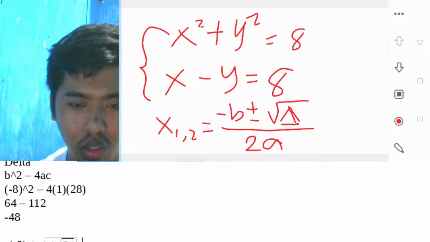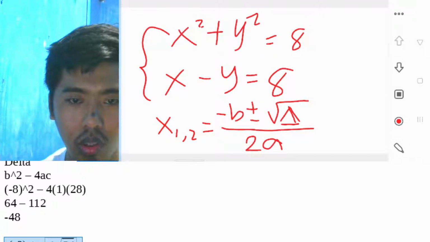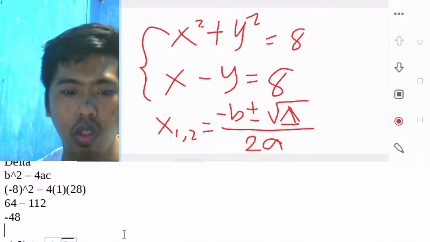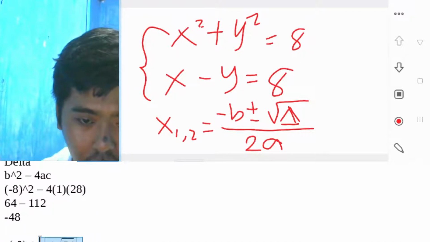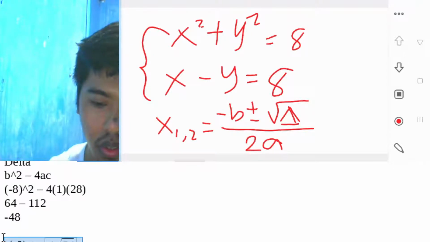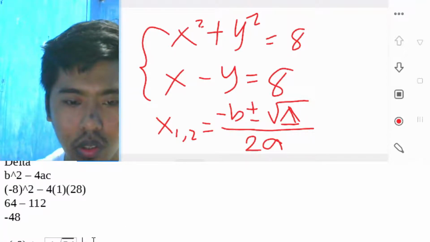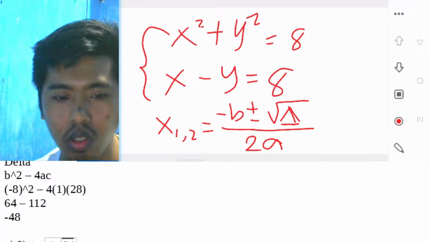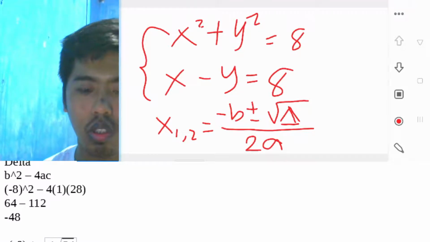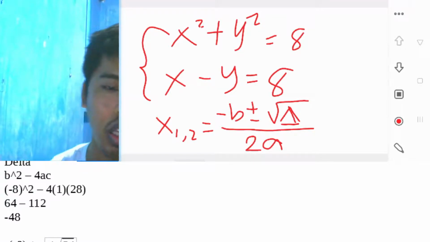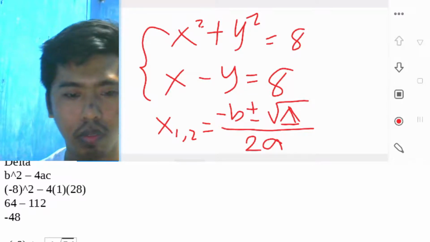Dayon take note na pa ni divide 2. A is 1, so 2, diba?